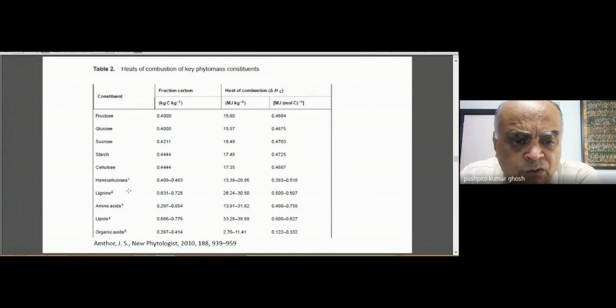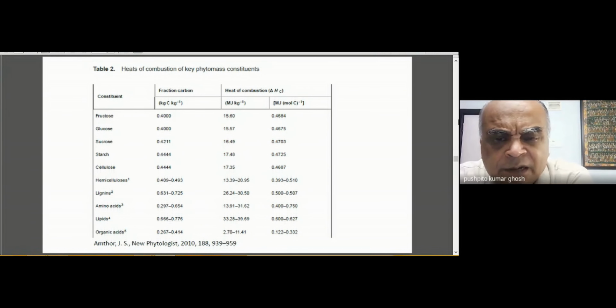Maybe I'll go a bit more and then ask the question. Now, when I go to lignin, my heat of combustion has increased. And when I go to lipids, my heat of combustion has increased further. That means these have got more energy.